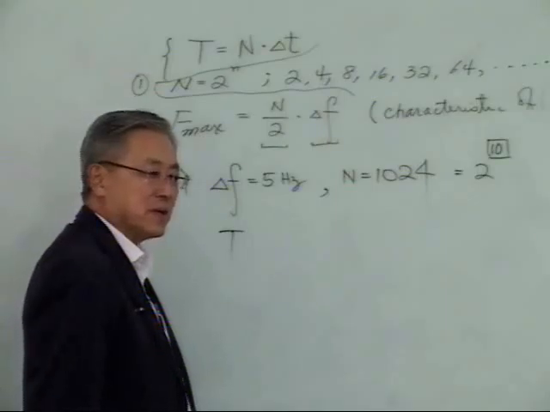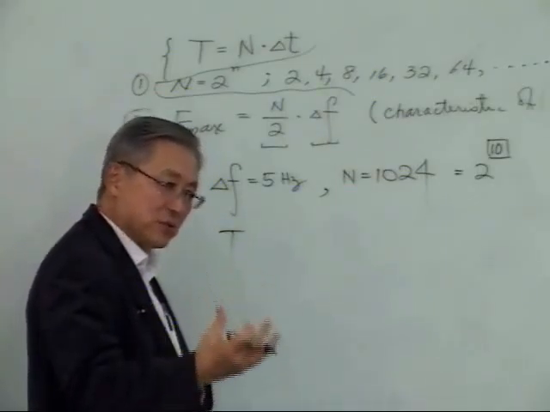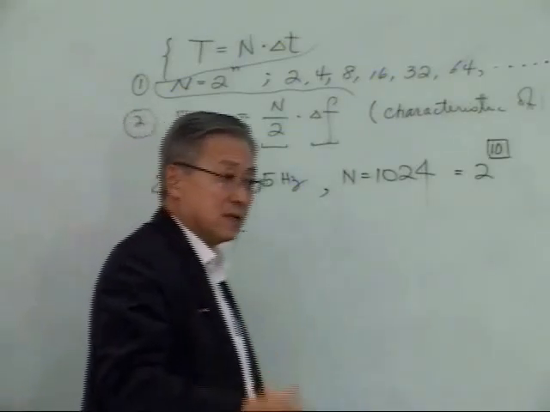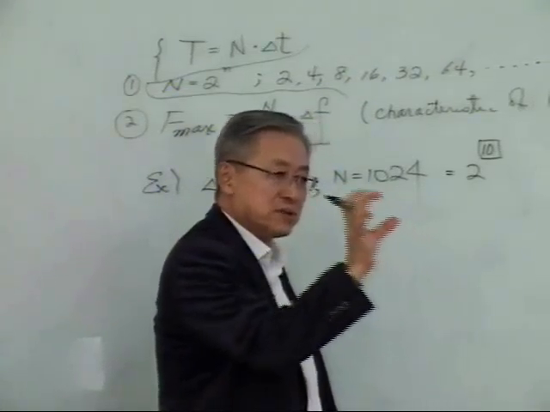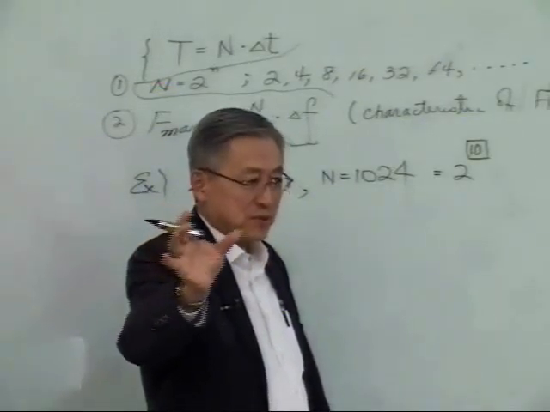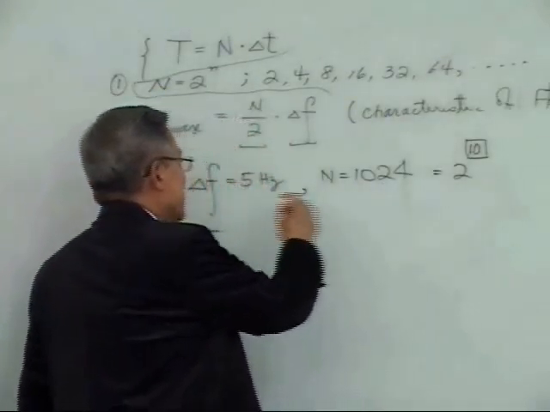What's the total time? Total time of record. Then you will analyze it with Fourier analysis. It repeats the same block, because T is constant as you set this up.